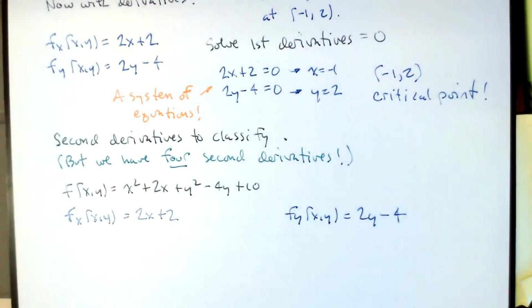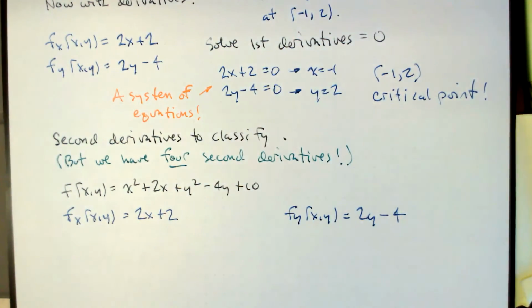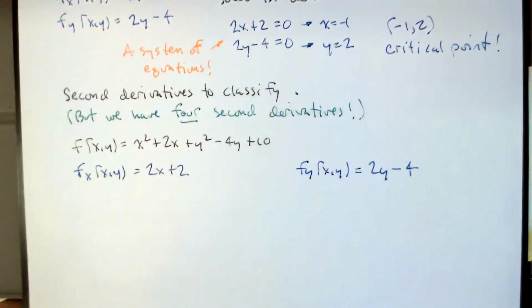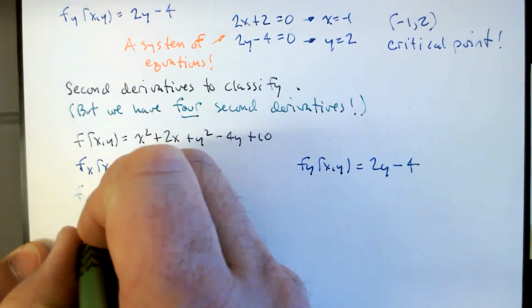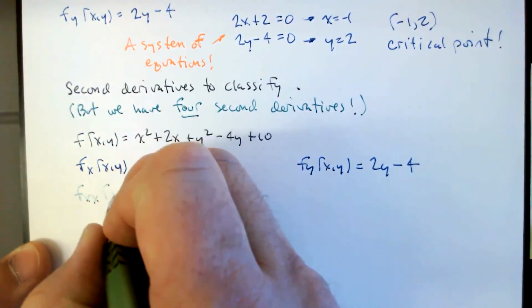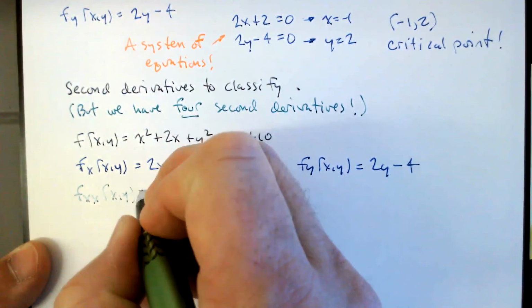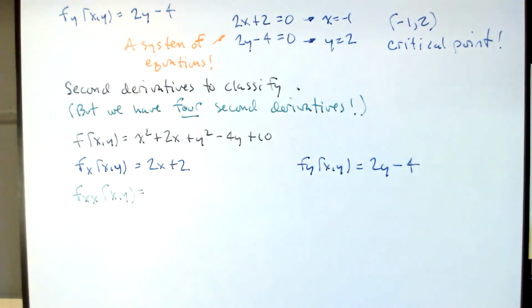And each of these partial derivatives has 2 partial derivatives. I have the partial with respect to x, then with respect to x again. And I'm just going to write fxx. I can't use double prime because I have x's and y's. So I'm just going to write it fxx.